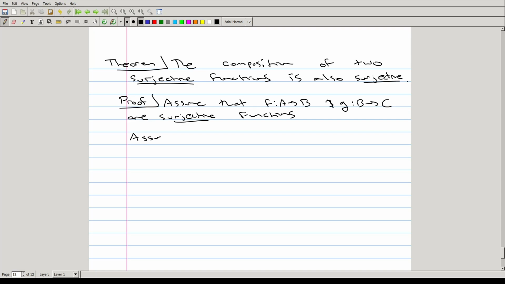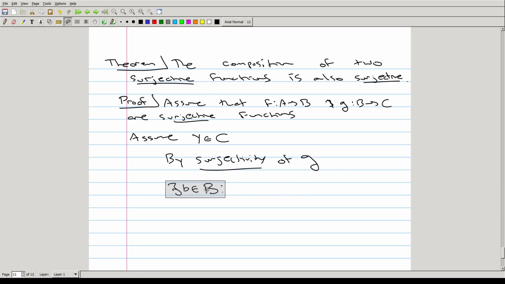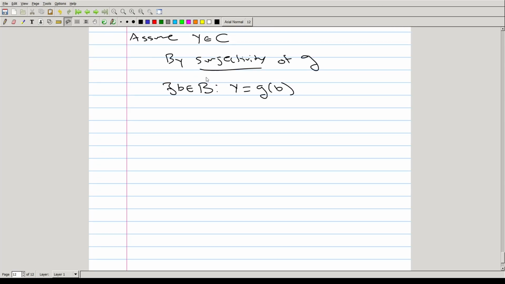Then we take an arbitrary element y in C. By the surjectivity of g, there exists some element b in the set B such that y is equal to g of b, so that's what the surjectivity of g guarantees, the existence of this b.